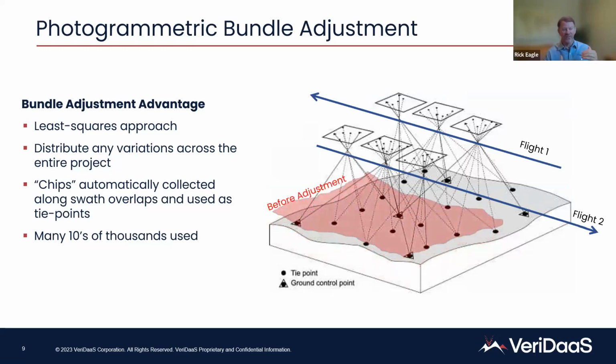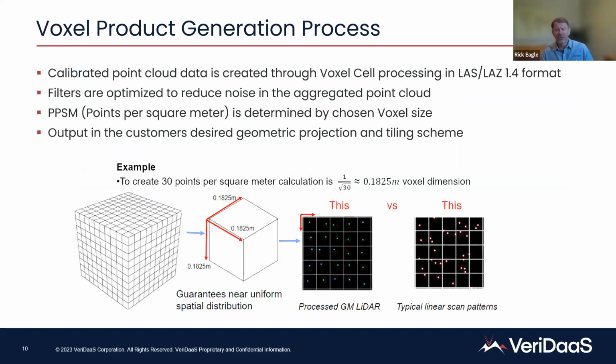So where the surface might be slightly off in one look, as we make those adjustments, the surfaces are all being brought together and we have a very uniform product as it's coming out of the calibration process. We then go through a process we call aggregation. And essentially the output of this process is a very uniform, standard LAS 1.4 point cloud.